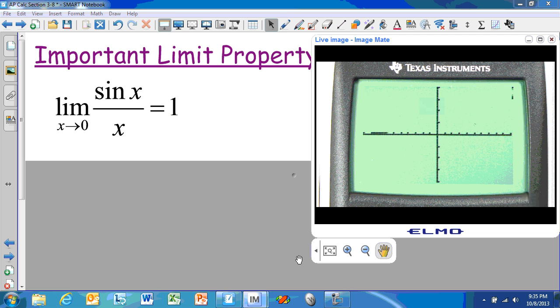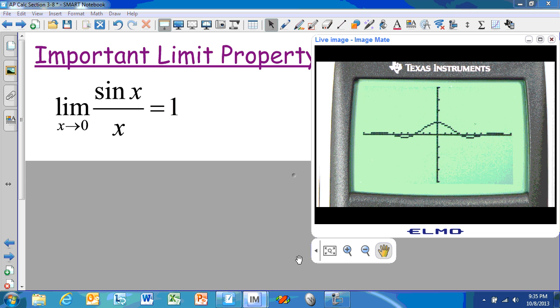If we graph this, here's that graph, and you can see that as we approach the x value of 0, that is, as we're getting closer and closer to the y-axis, the function from the left side and the right side appears to approach a value of 1. So graphically it looks like the limit is 1, as we stated it is.